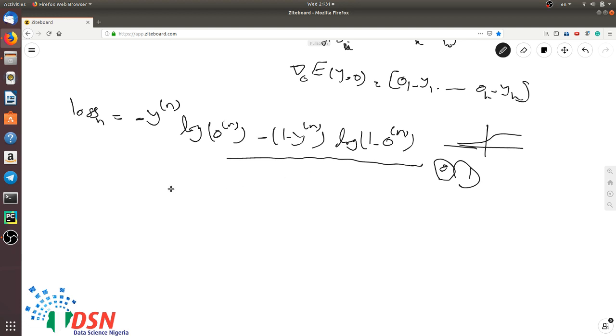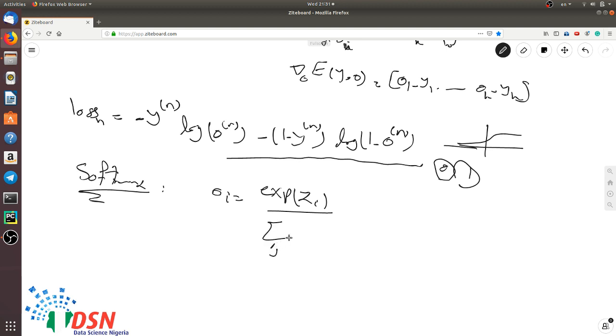For multiple class problems, we have seen we could use softmax as the activation function. So in the softmax, the output is like this.